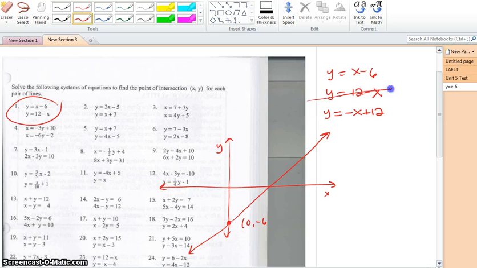And I'm going to rewrite this equation as y equals -x plus 12. Its y-intercept is the point 0, 12, and it has a slope of -1. So we're looking for this point.